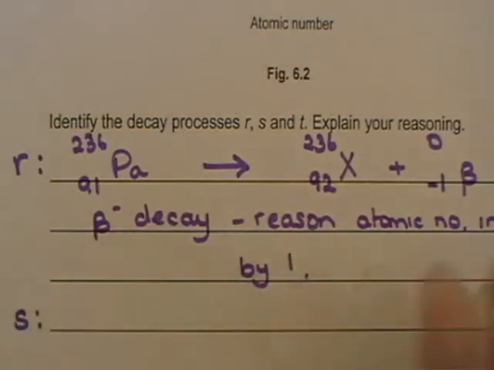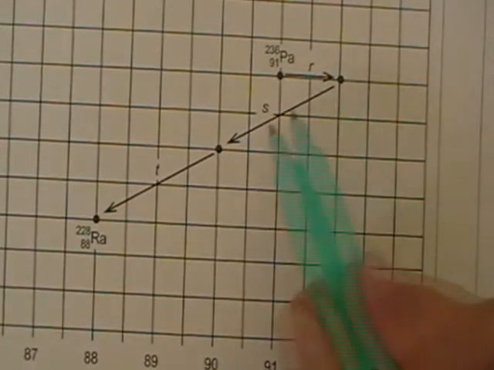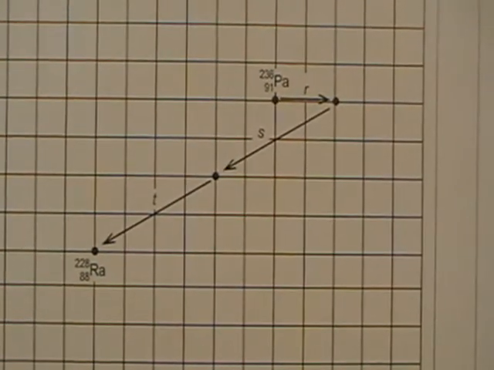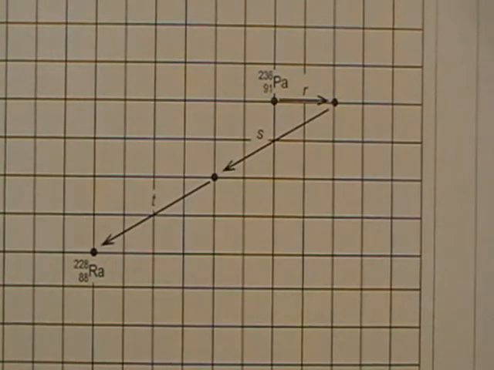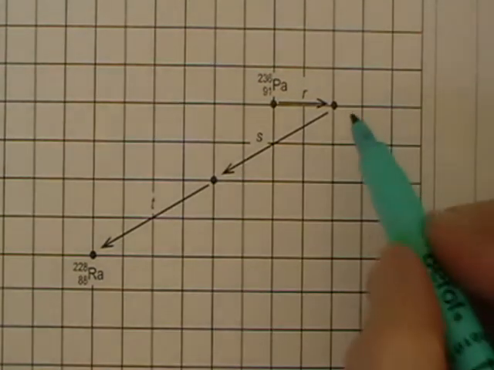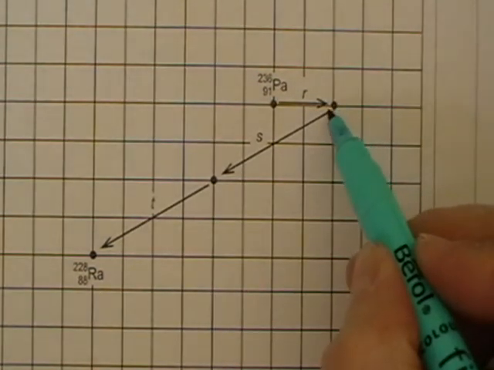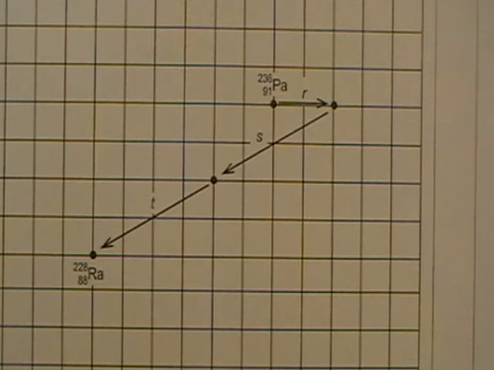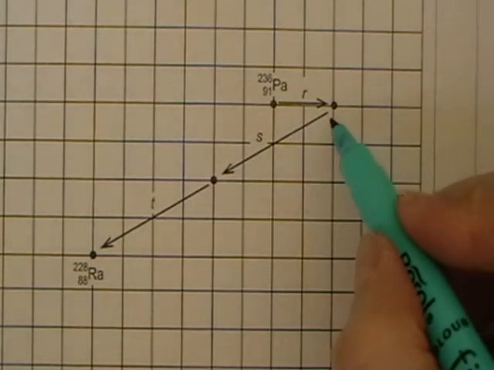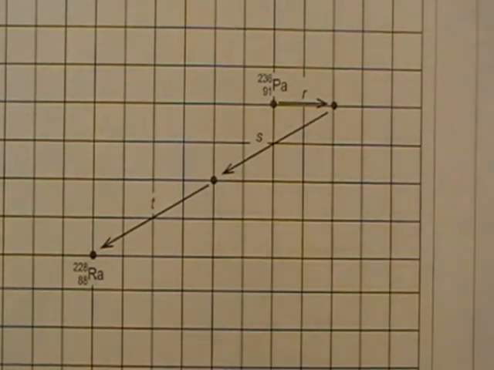Right, S then is from here to here, and I'll just write the numbers down below here. You've got 236, 92, and I'm still calling this element X, and it's going to decay to, now its atomic mass number is going down to 232, and its atomic number is going down to 90.